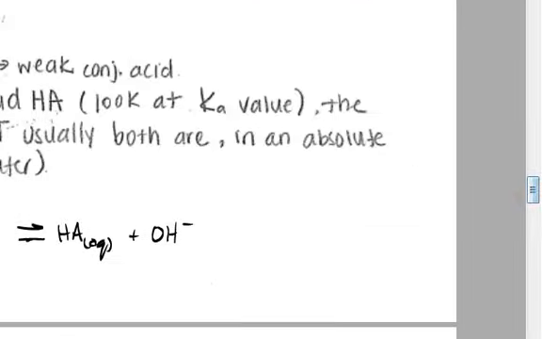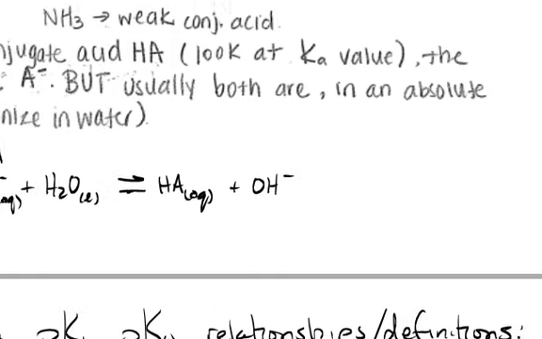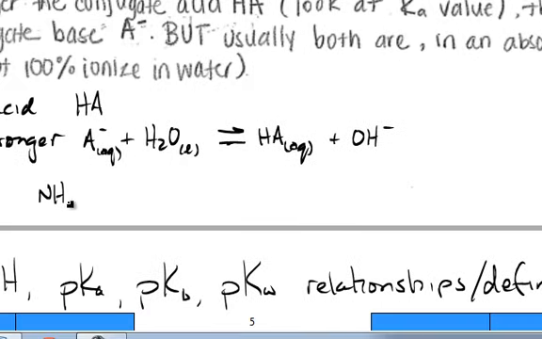As one extreme example, we are not used to seeing ammonia act as an acid. It generally reacts with water to generate hydroxide. But just as an esoteric extreme example, if ammonia is acting as an acid, it would generate its conjugate base NH2 minus. And NH2 minus is an absolutely and even relatively very strong base.